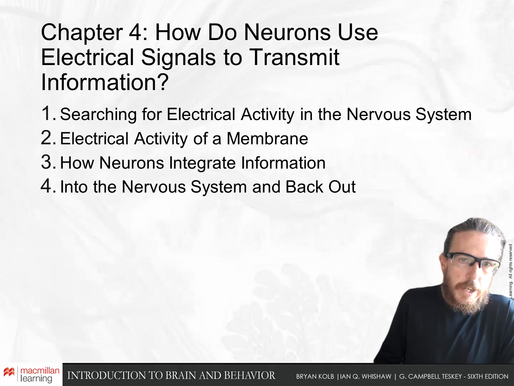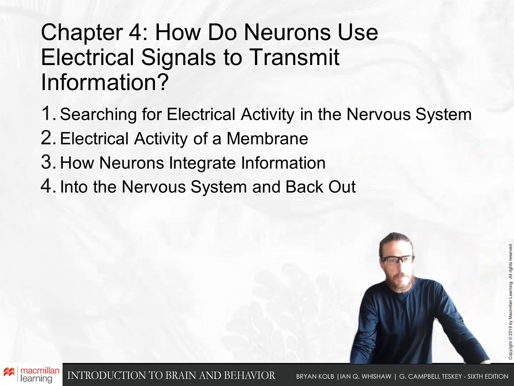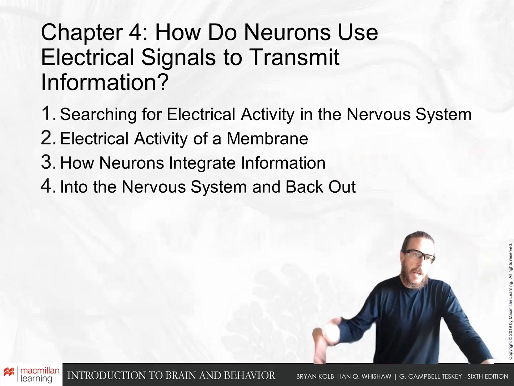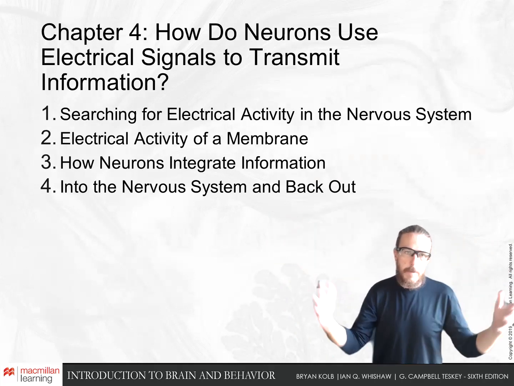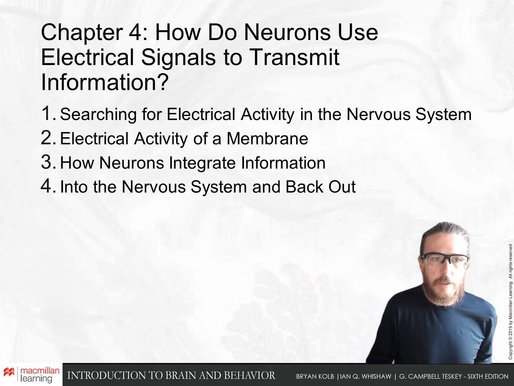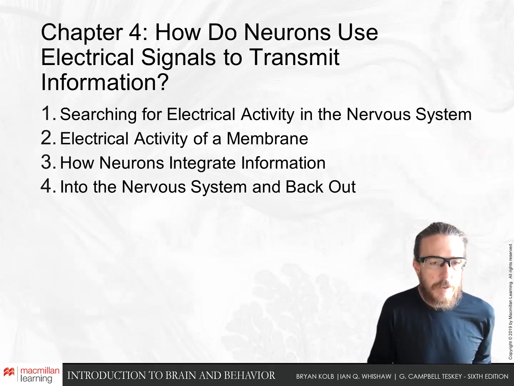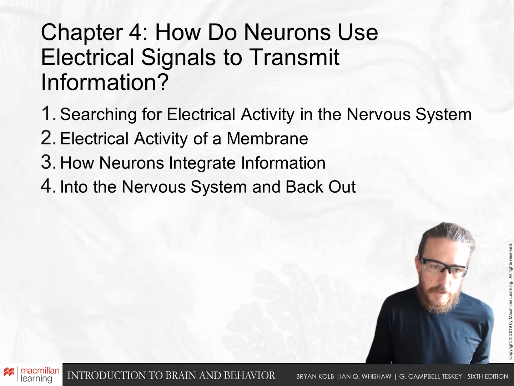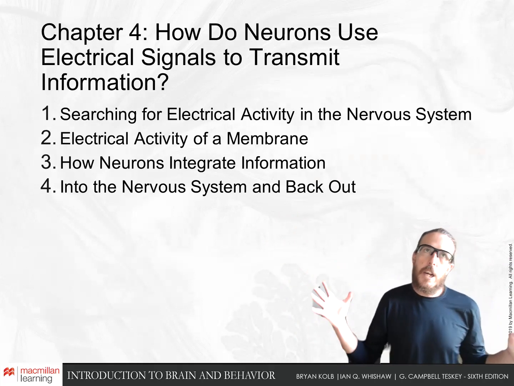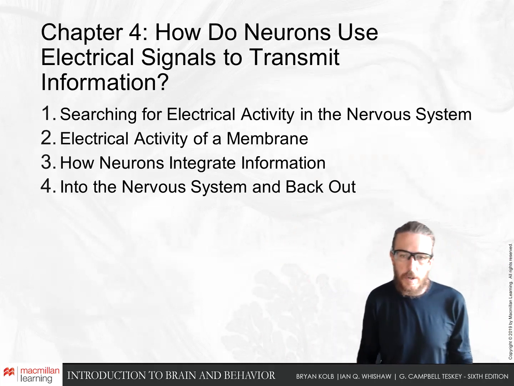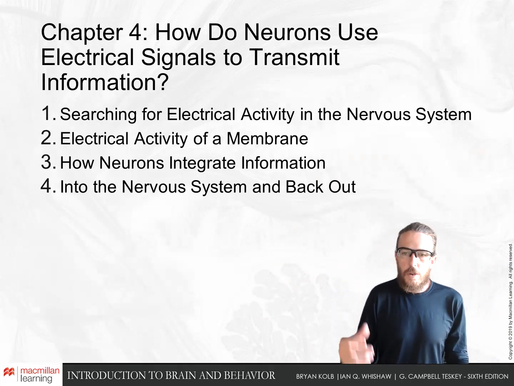So what we covered today is the electrical activity of the nervous system, first with the membrane, and then how neurons can integrate information from many neurons together and use this resting membrane potential as a kind of vote tally to decide if they should send out a signal to the next neuron. We talked about how incoming sensory information from the world is transduced.